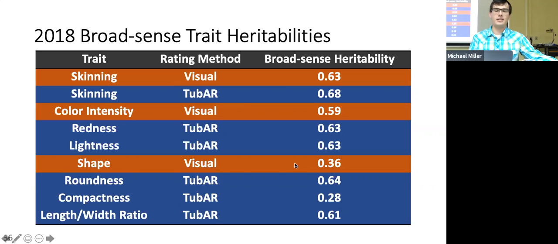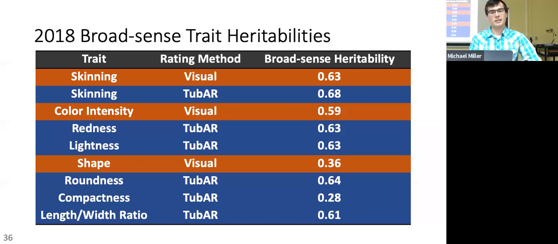So we see a small increase in broad sense heritability for skinning and for color intensity, which is what we call our visual scale, but for TubAR, we can actually get into redness and lightness. That's part of the benefit of image analysis, is to break those traits down into smaller factors that are able to be more specific.